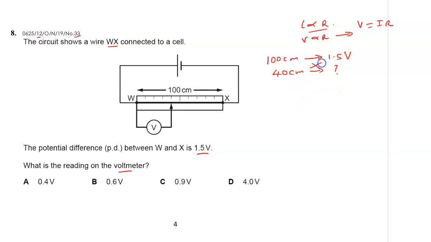Therefore, we cross multiply: 40 centimeters times 1.5 volts divided by 100 centimeters. The centimeters will cancel, and you get 0.6 volts. So 0.6 volts will be the reading of the voltmeter when it is connected to the wire at a point 40 centimeters in that case.